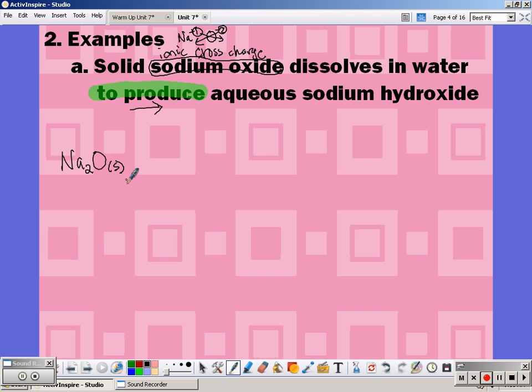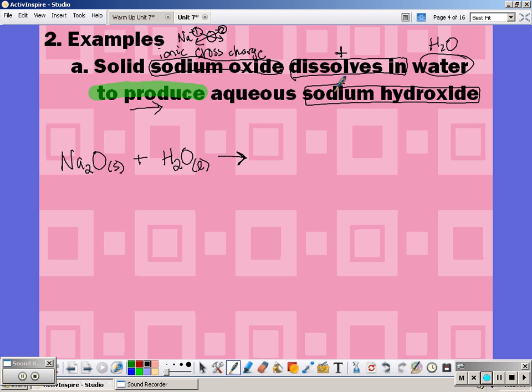Dissolves in means that I'm adding it to my water, so that is my plus sign. And then water you should recognize as H2O. Because it's listed as water, it's a liquid. Then I have my to produce, so I know I'm going to move on to my product side. Aqueous, solid sodium hydroxide.